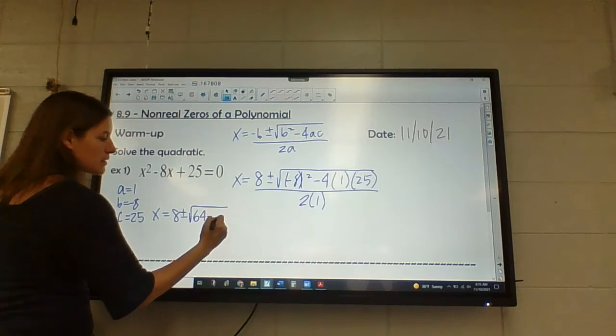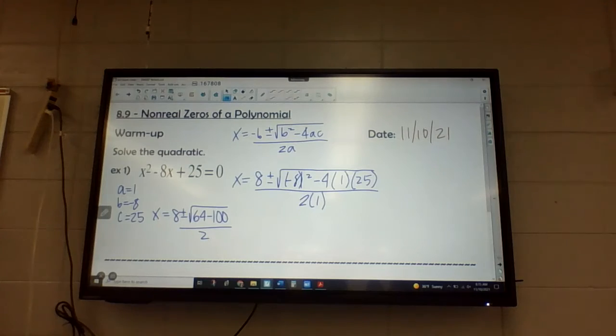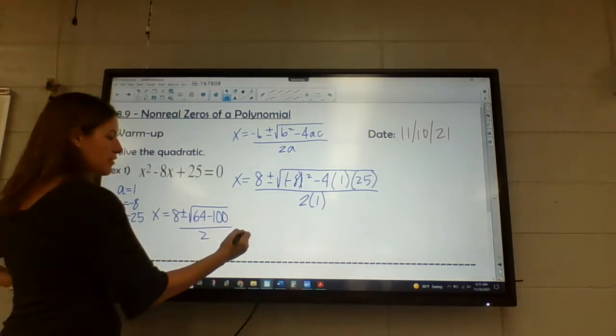And then this is going to be minus 100, all over 2. Now 64 minus 100 is going to be negative 36.